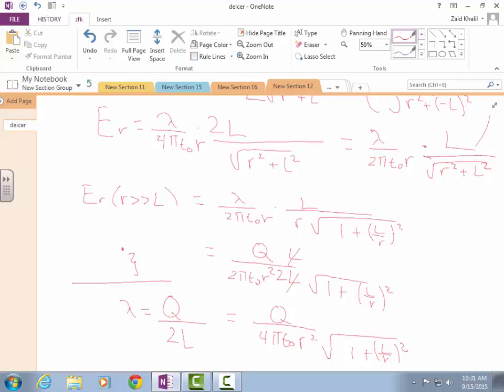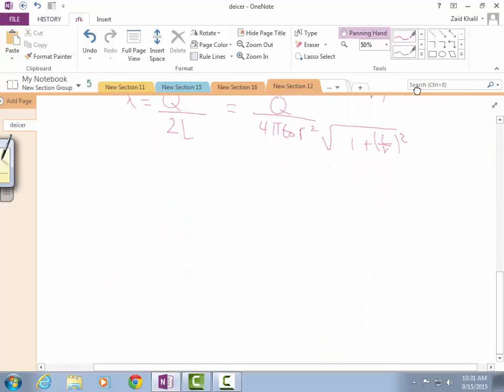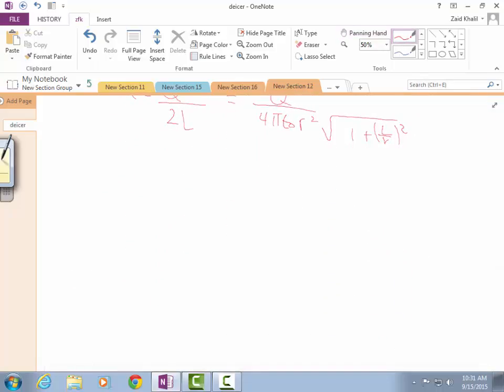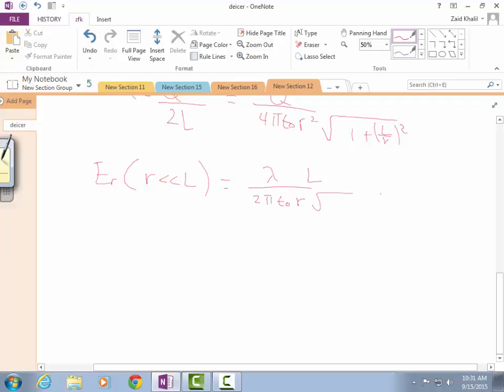Now we want to look at the other end. On the other end, we have ER for R much, much less than L. What did it equal? It's lambda over 2 pi epsilon 0, there's an L in the numerator, an R in the denominator, and then R squared plus L squared.